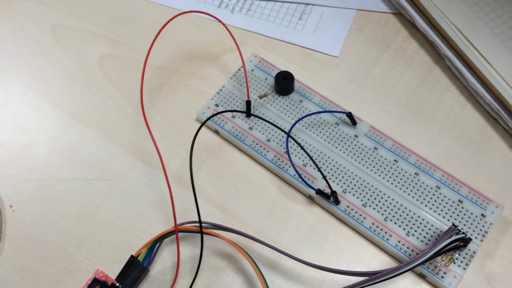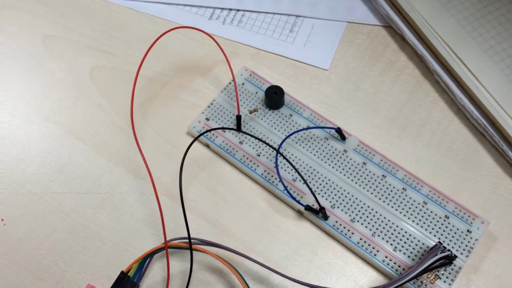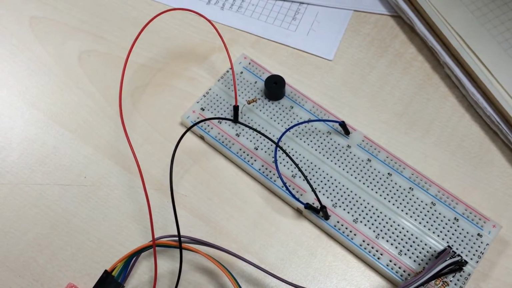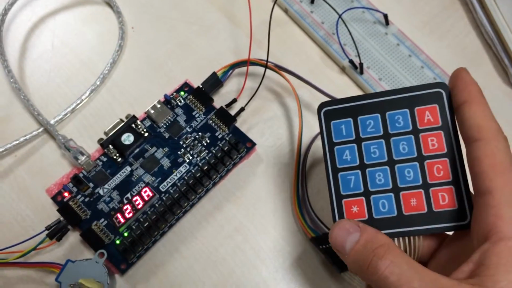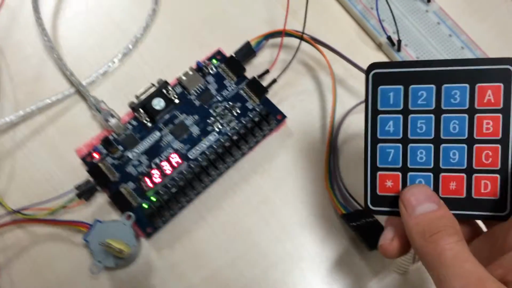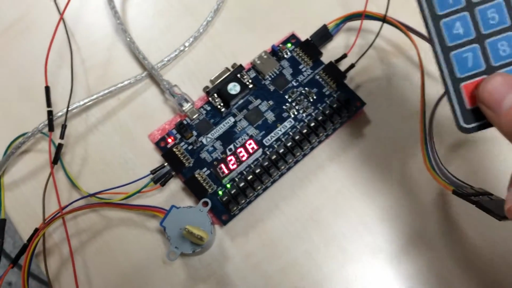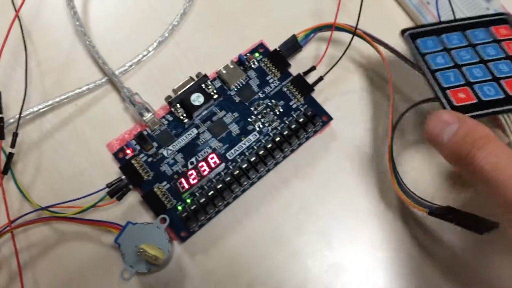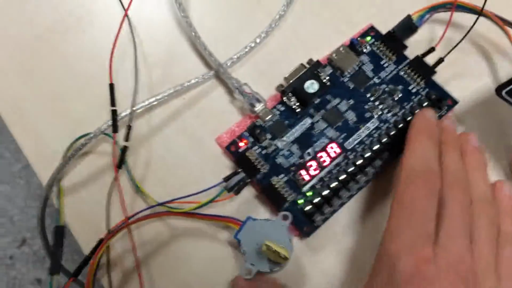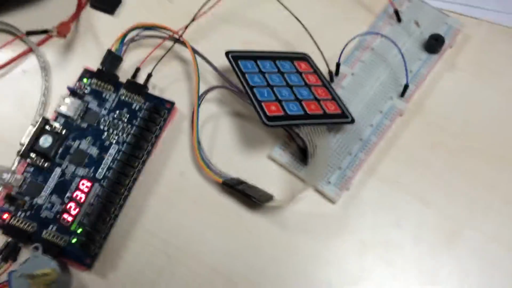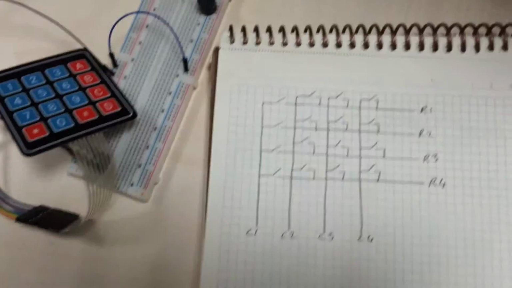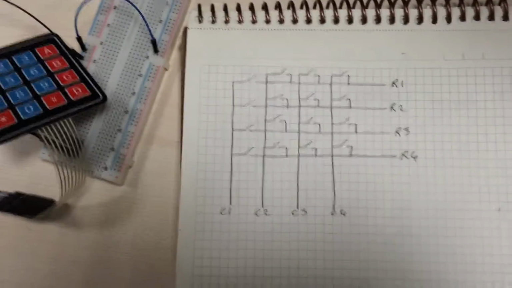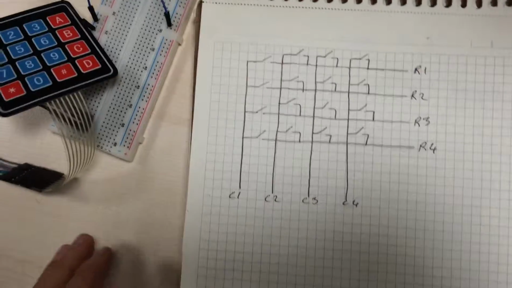The buzzer generates sound. We send some specific signals to the buzzer, and the buzzer generates sound of that frequency. And lastly, the keypad is one of the key parts of this project, and I want to talk about its inside, its schematic.